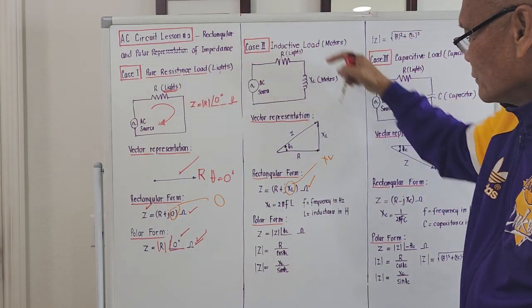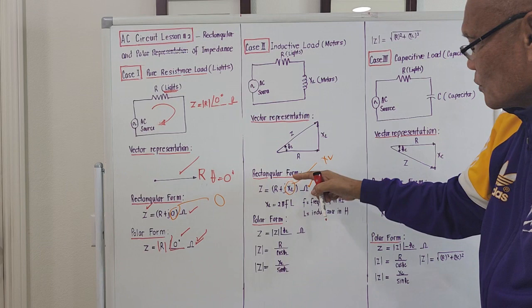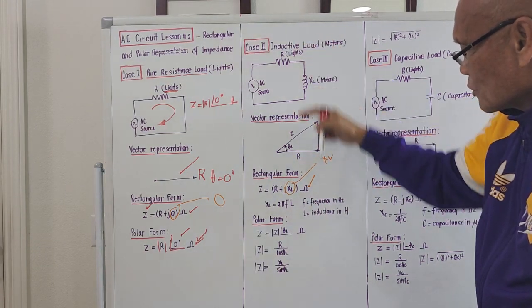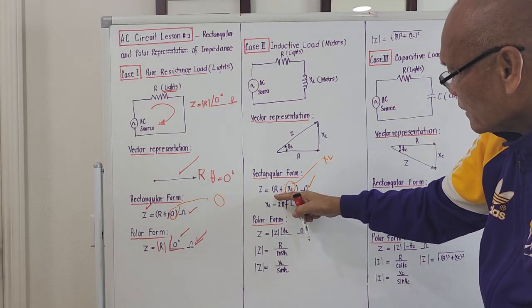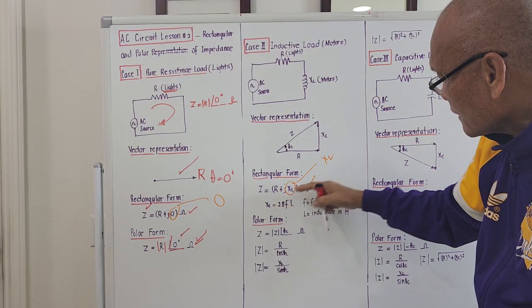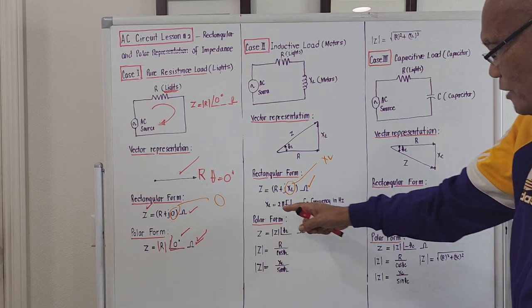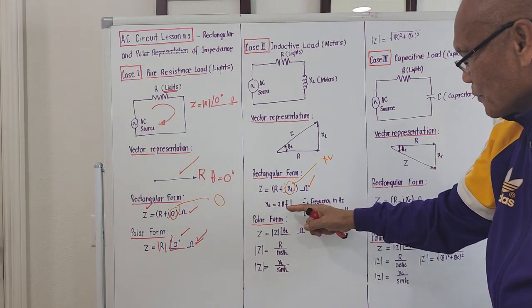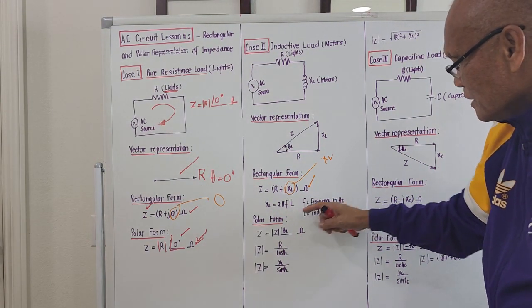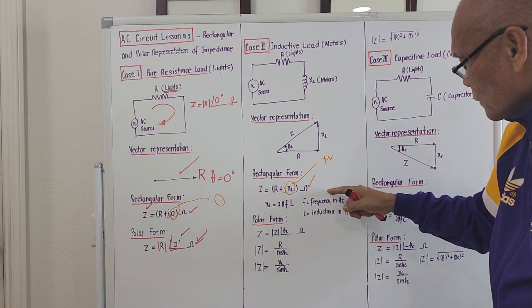But for an inductive load, there is an XL. So the rectangular form for case number 2 will be Z equal to R plus jXL. And the value of XL is the product of 2 pi times the frequency times the inductance, where small letter f is the frequency in hertz.